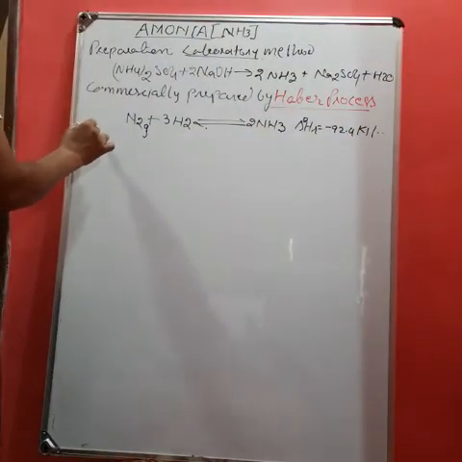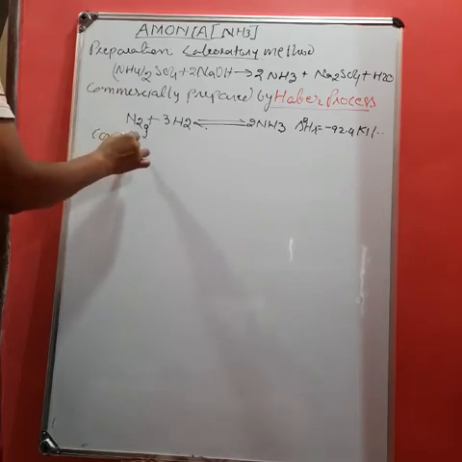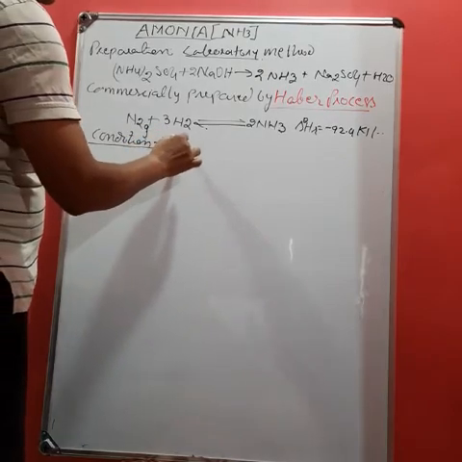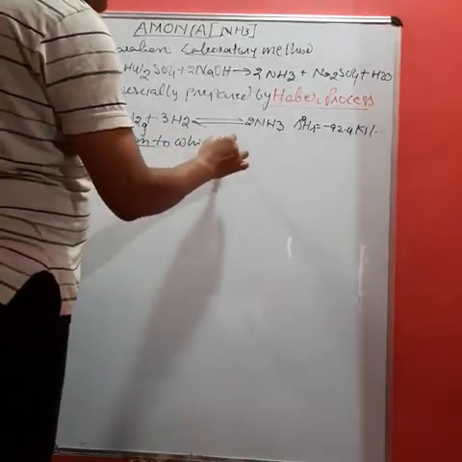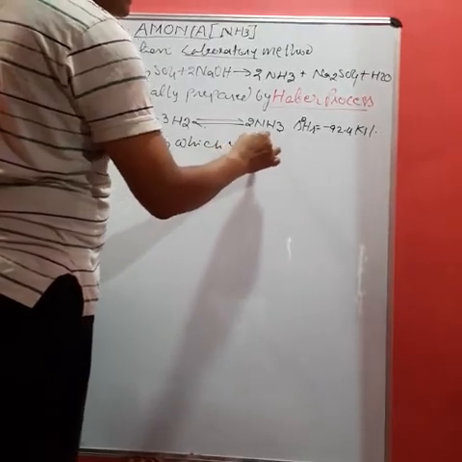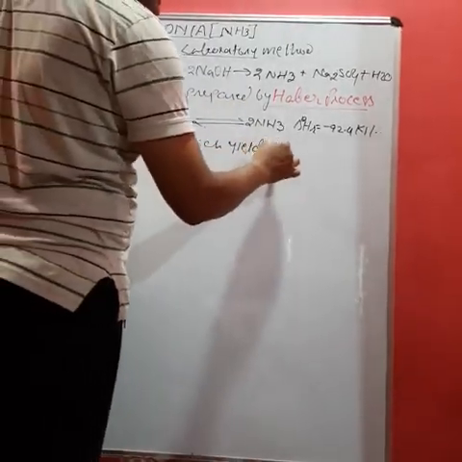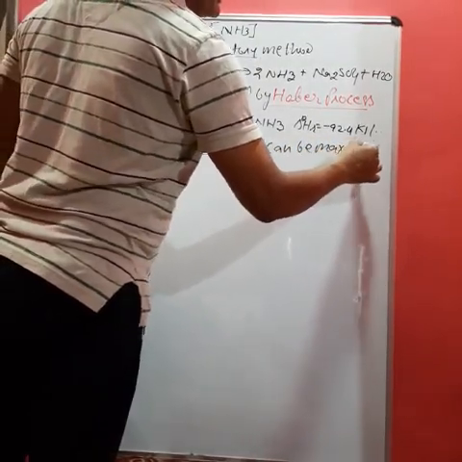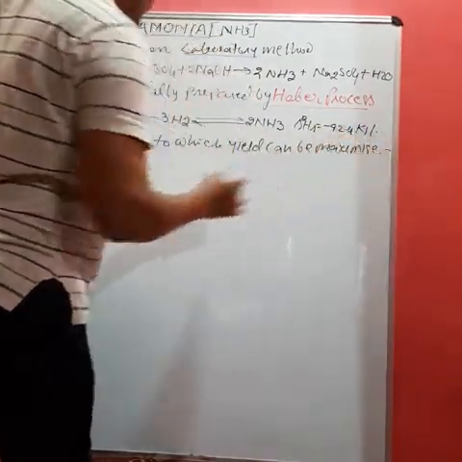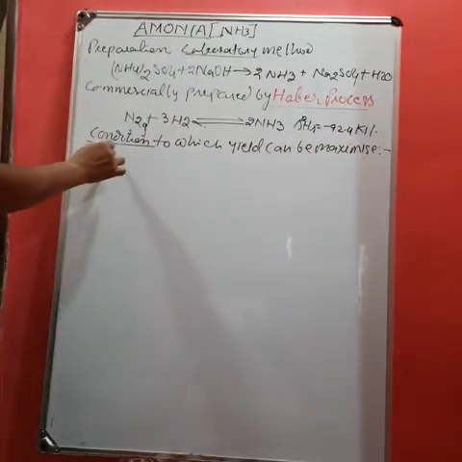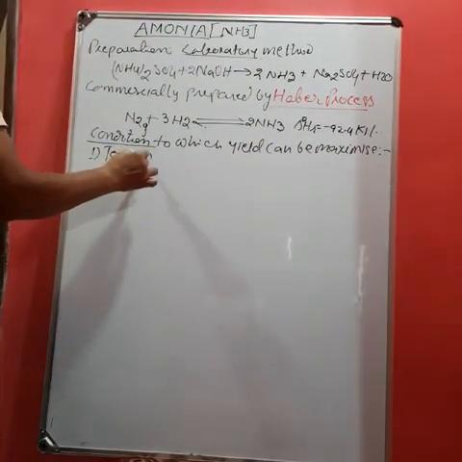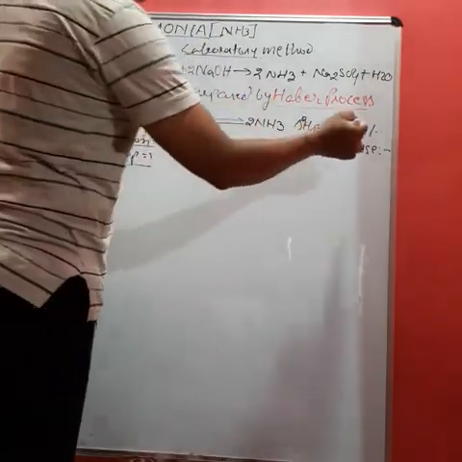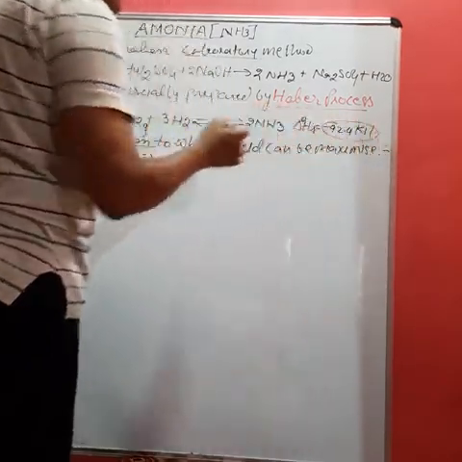Therefore, the important set of conditions under which the production yield can be maximized are, first one, the temperature. Students, it is a very important thing. Actually what? The forward reaction. Okay, you can see here it is exothermic in nature.